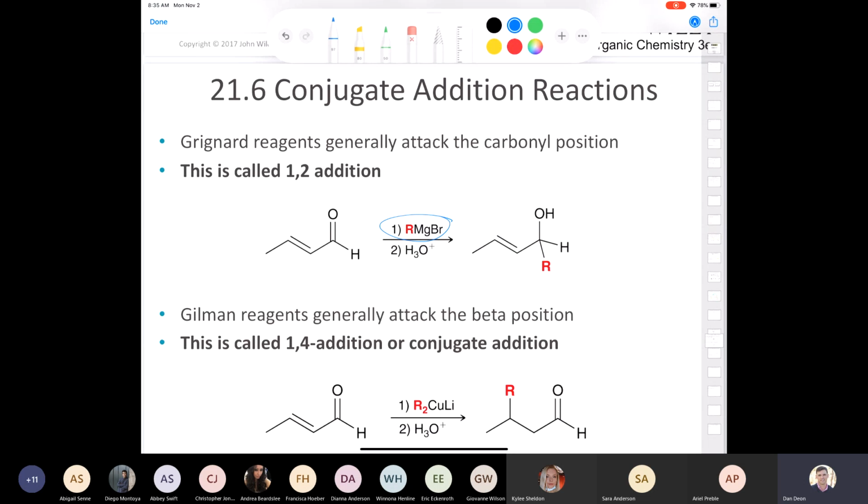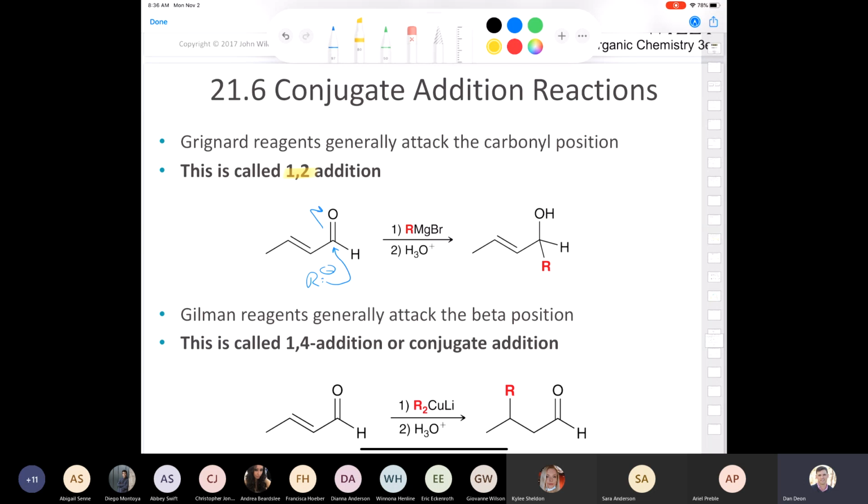So you're hitting it with a Grignard, and what you end up with is called 1,2 addition, and it's the result of nucleophilic attack at the carbonyl, right? And you can even draw the mechanism out if you want. So the Grignard is going to attack here, right? And then you would protonate that, and we call that 1,2 addition.